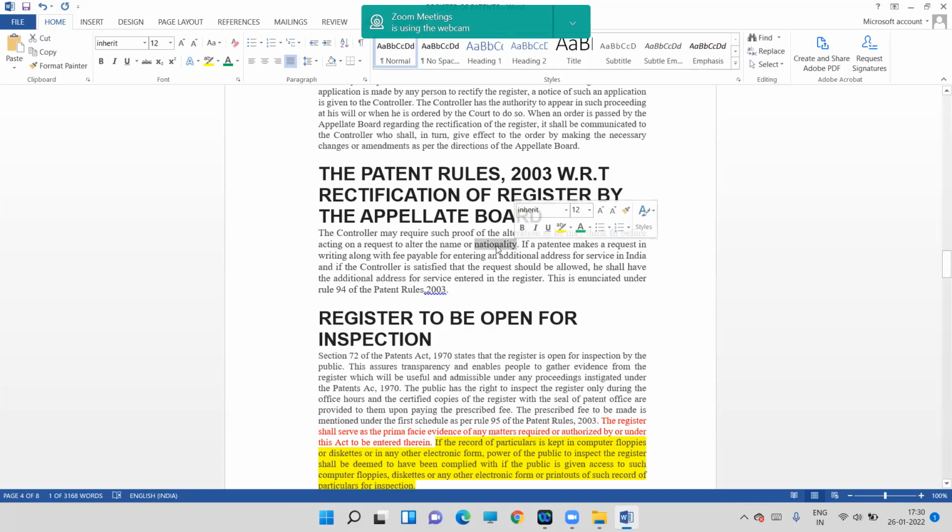Now tell me one more thing: what is the difference between nationality and domicile? Because generally nationality is asked only. Can you repeat the question? My question is, what is the difference between nationality and domicile? Nationality can be where you hold a passport, but domicile can be the place where you took your birth.